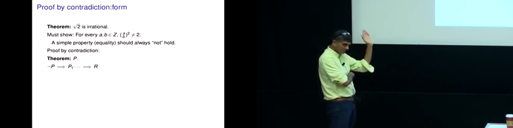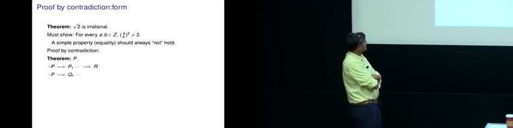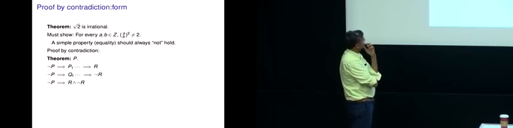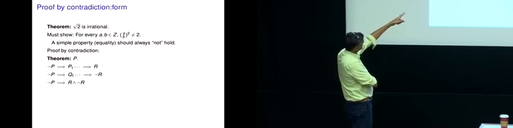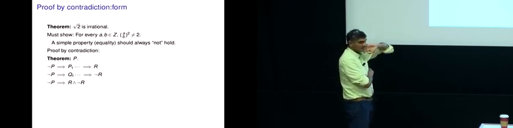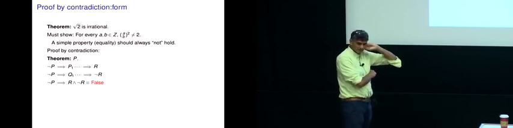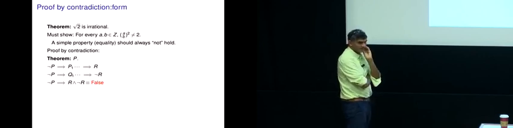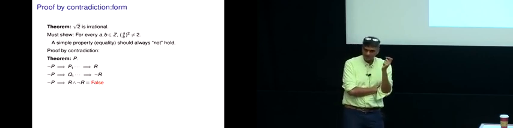Somewhere in there we're going to make some weird statement, R. Starting with not P, we're going to prove R. And then starting from not P, we're going to prove not R. And the key is, not P implies both R and not R. So this expression, R and not R, what is that? It's false. So not P implies false.